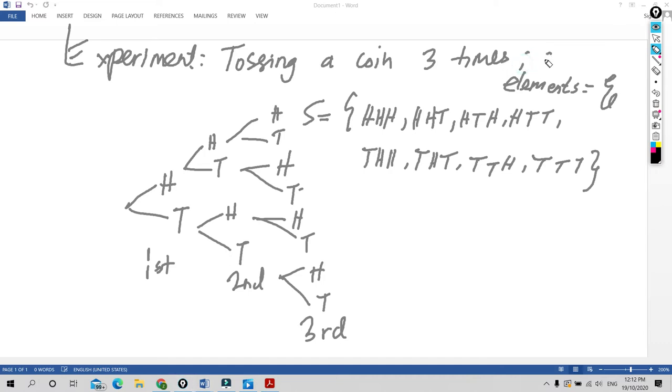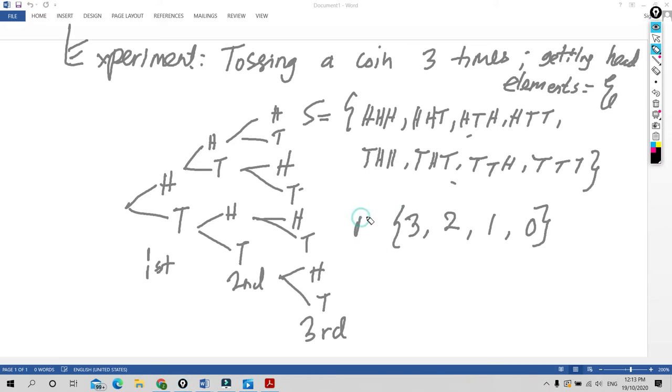So you can either get 3 heads, 2 heads, 1 head, or 0 heads.